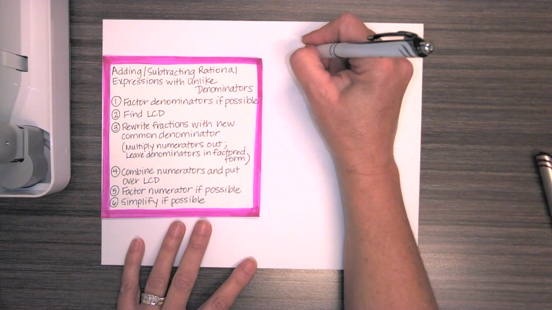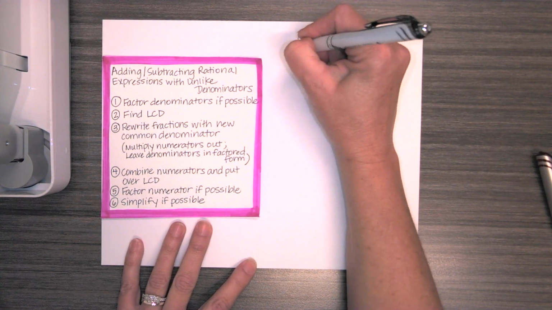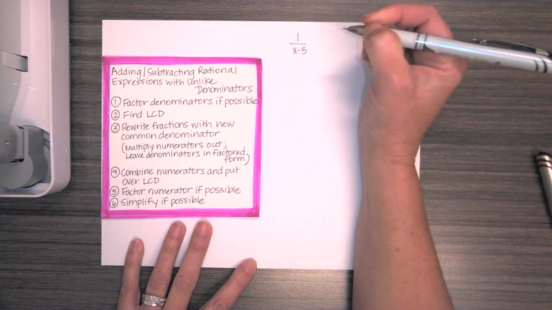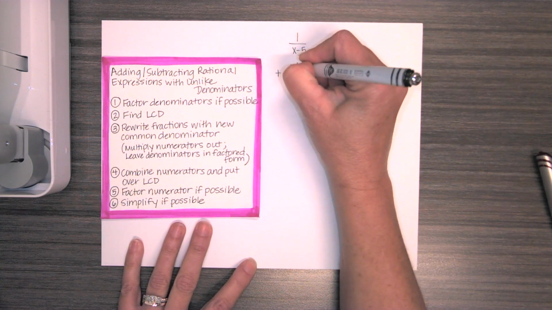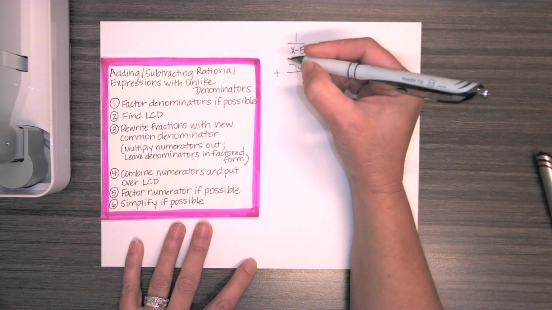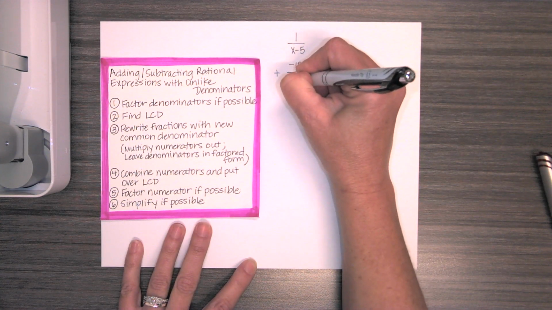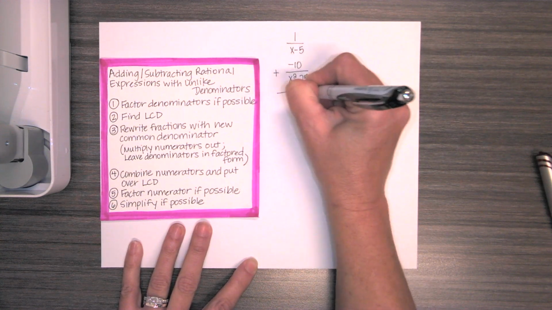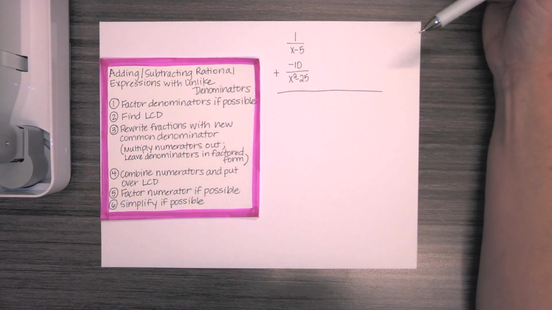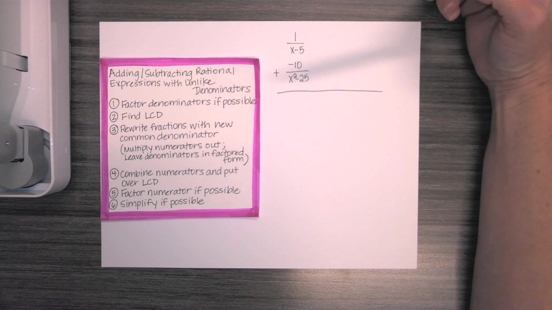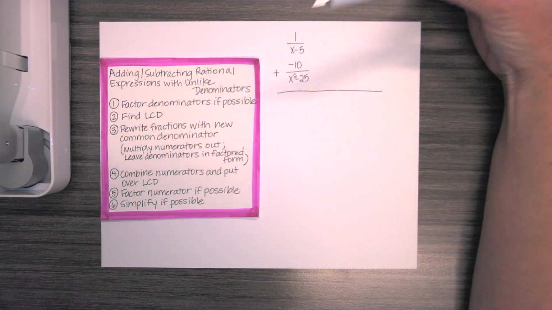I've got 1 over x minus 5 plus negative 10 over x squared minus 25. Now, I'm going to use these steps to take me through this problem. All right, so step 1 says factor the denominators if possible.